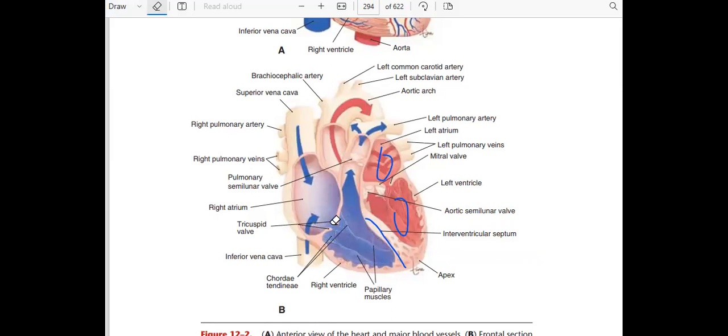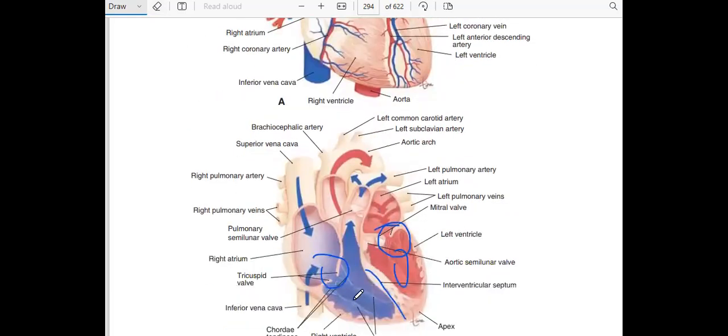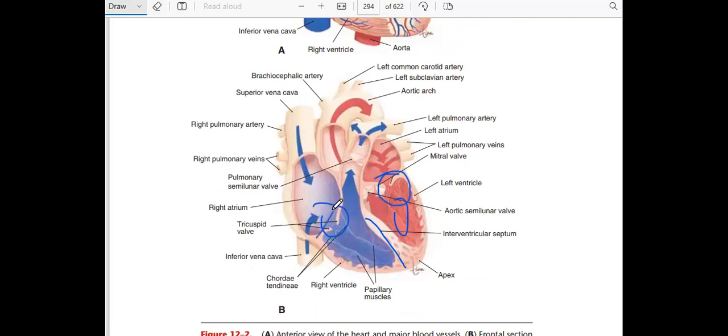So here we have the tricuspid valve, and this is the bicuspid valve. We have two valves between the atrium and ventricle: upper portion, lower portion, atrium and ventricle.